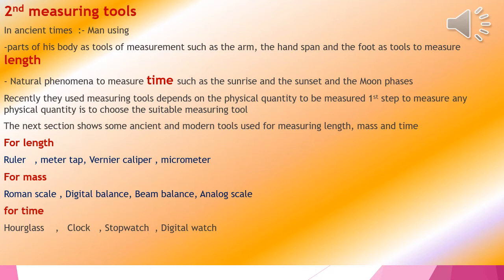Second one, the measuring tools for mass: digital and analog balance, pan balance that we use in markets and so on, Roman scale. For time, we use a clock, stopwatch, digital watch, and hourglass.